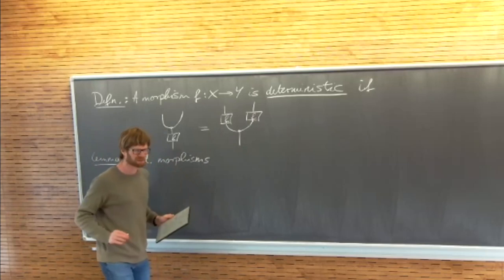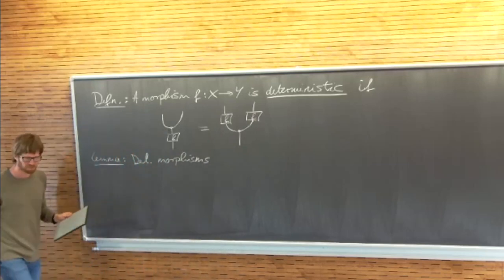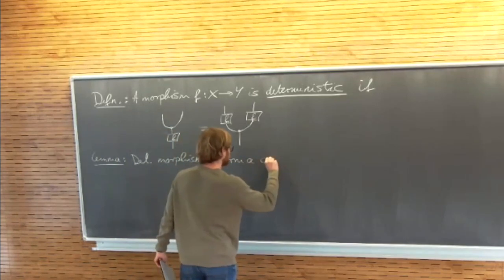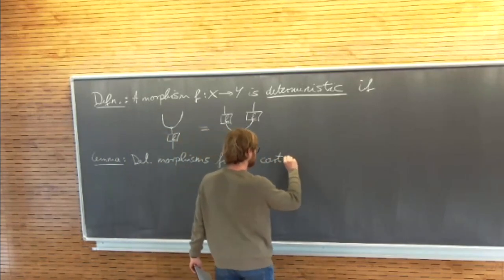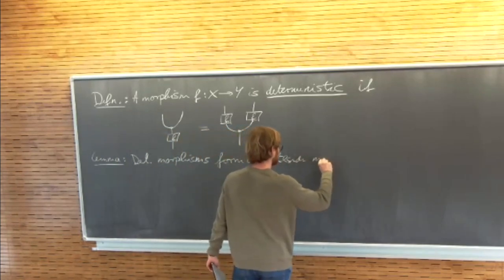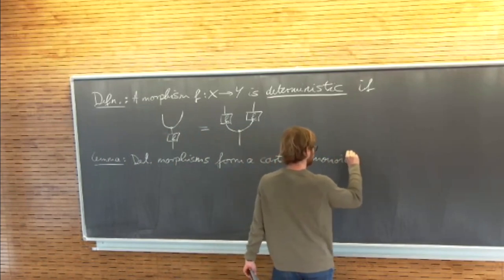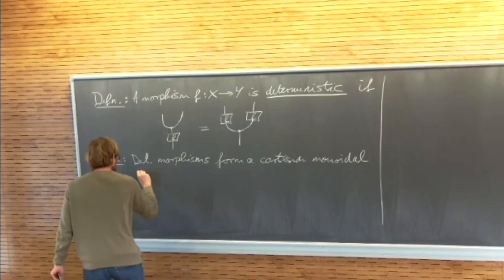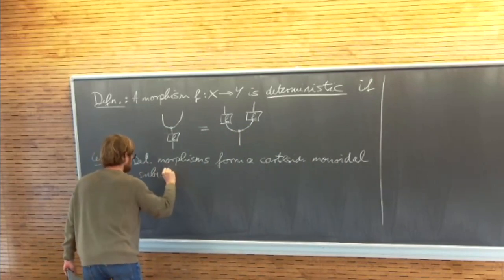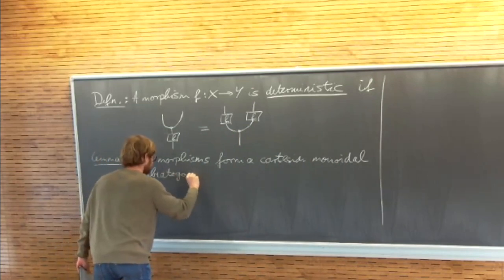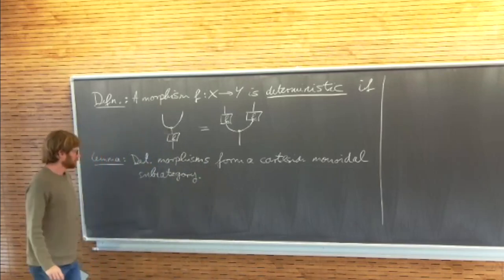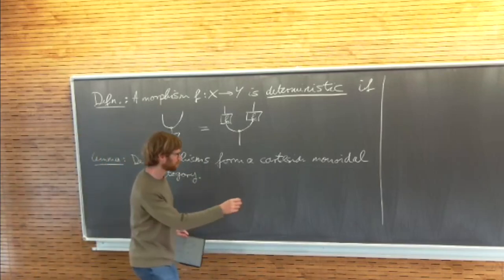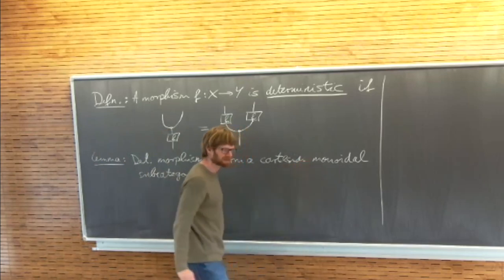And so we can in fact say that the deterministic morphisms form what's called a Cartesian monoidal subcategory. First of all, I don't want to be very precise about what Cartesian means.